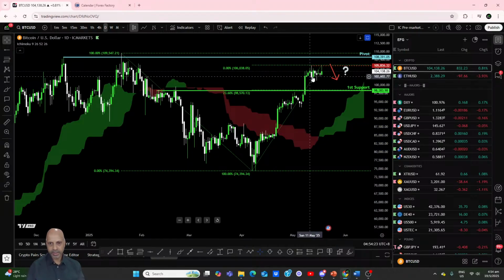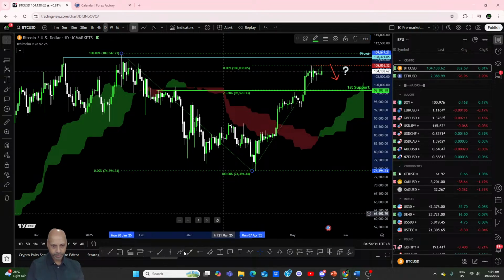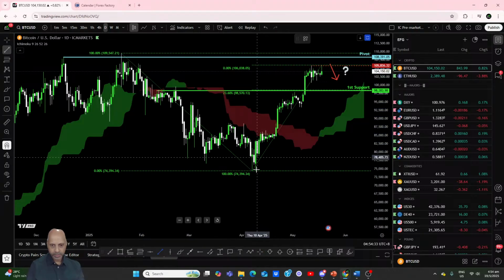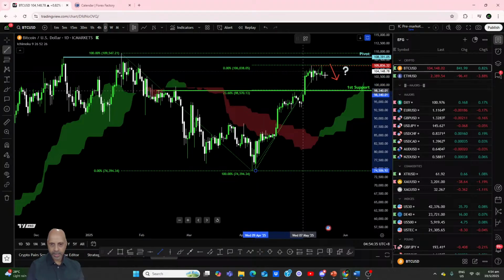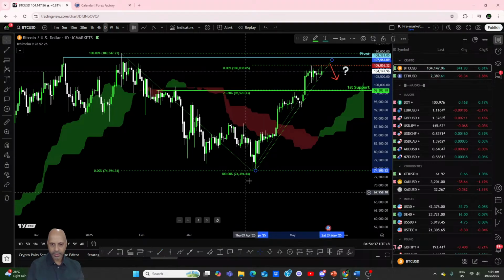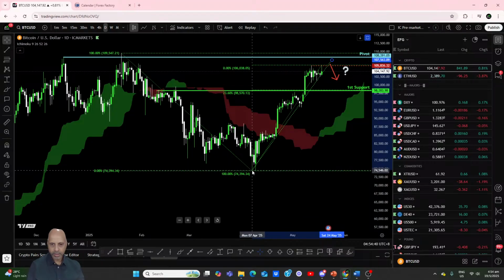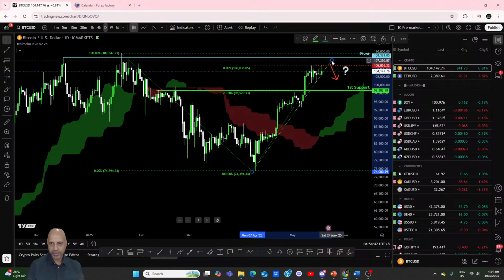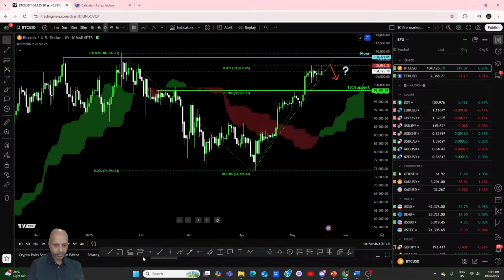However, I see much stronger bullish momentum for this coin here. There may even be a pretty decent ascending trend line. Let me see if I can get one out. Yeah, there's a pretty decent ascending trend line that we have for Bitcoin as well.